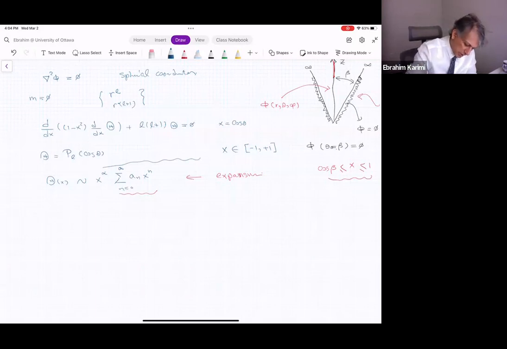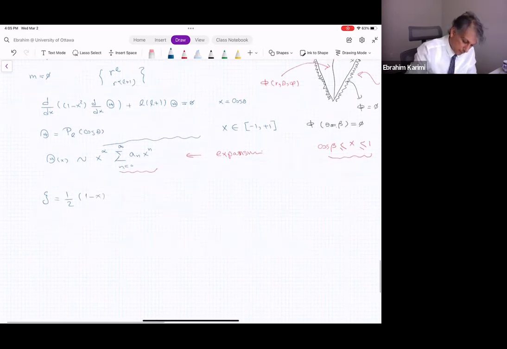I will define zeta, going with the notation in your book, which is 1 divided by 2 of 1 minus x. We want to go with a positive one, so I will go with 1 minus x.